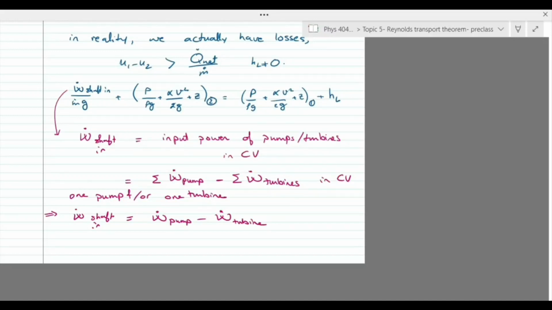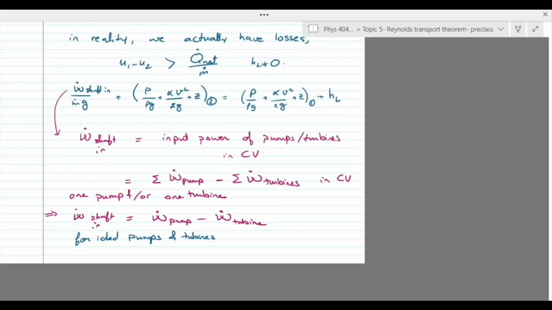Now, if we get back to our equation, we can just substitute this instead of W dot shaft in. However, there is one more thing I want you to consider in our study of the power. So far we were considering W dot, which is the power of the pump itself or the turbine itself that we have in our fluid. However, in this case we were considering ideal pumps and turbines.